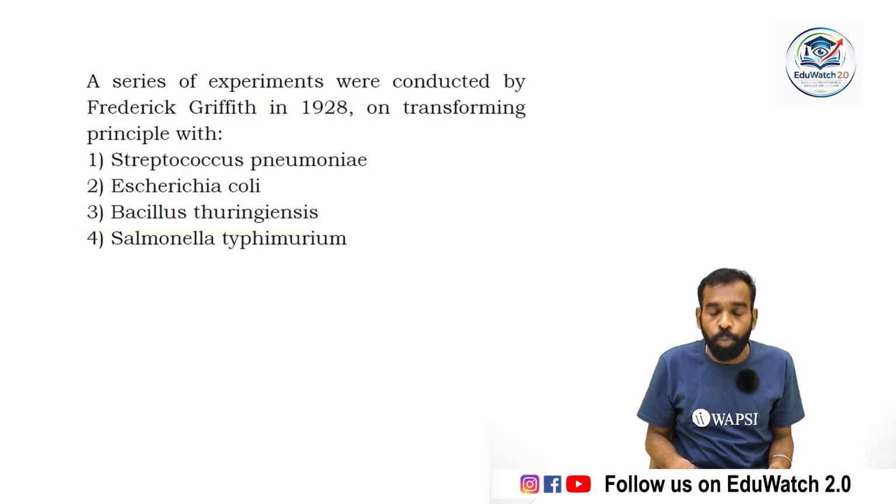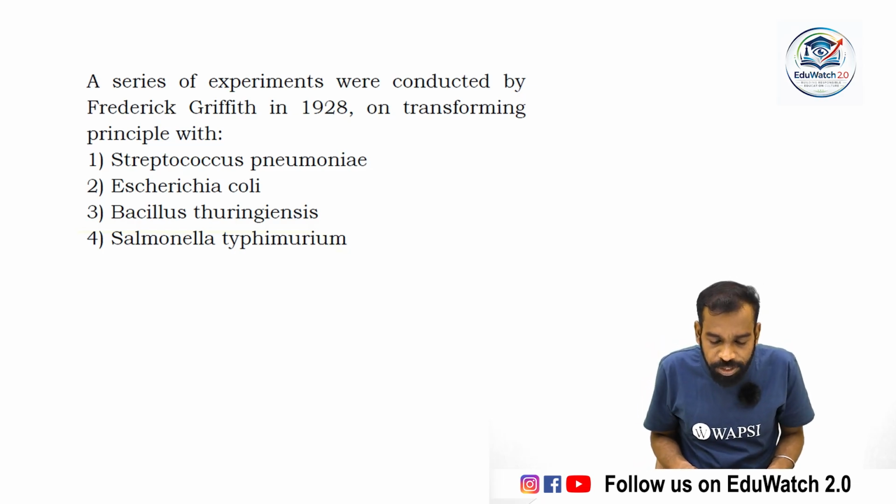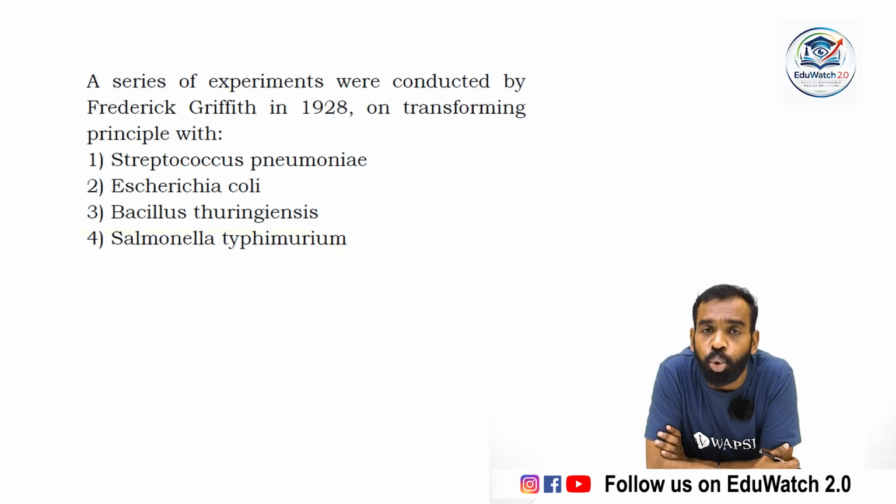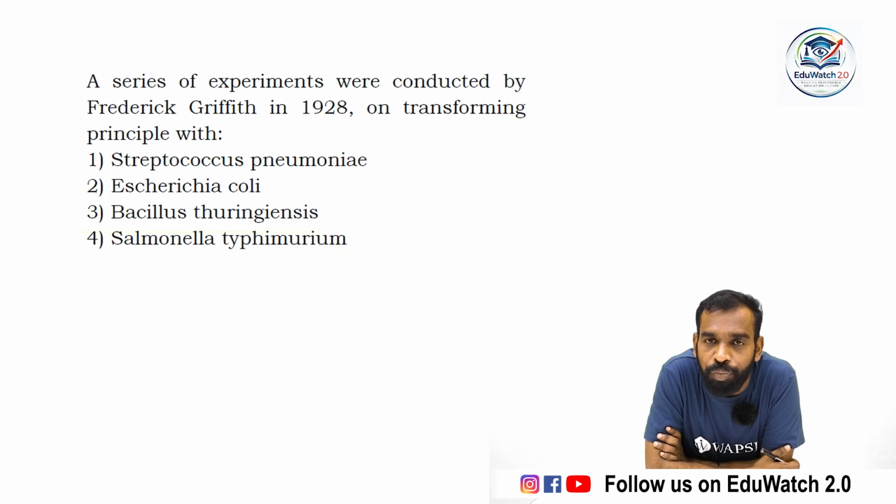You know how many options we have? We have 4 options. Option 1, Streptococcus pneumoniae bacteria were injected into mice for explaining which concept? Transforming principle. Mice die, strain, virulent, non-virulent.